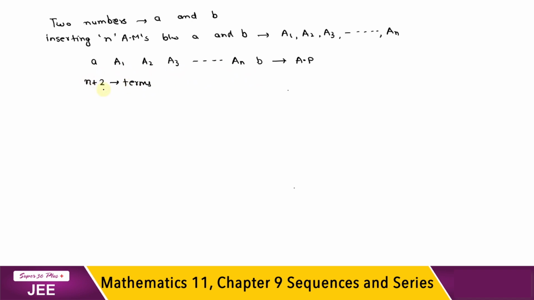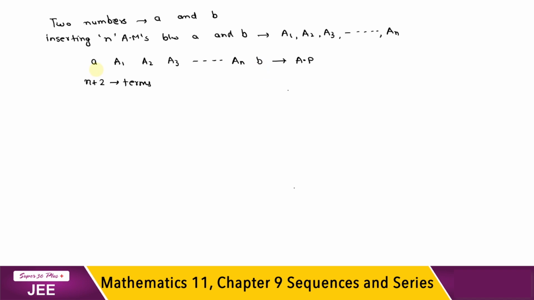Now since this sequence is in AP, A1 stands for the second term of this AP, A2 stands for the third term, and A3 stands for the fourth term. B stands for the last term of the AP and A stands for the first term.